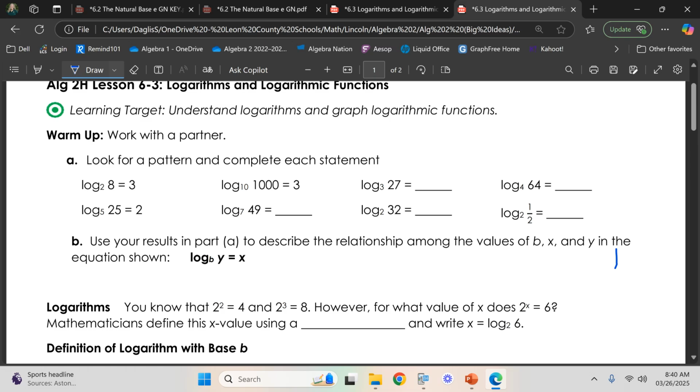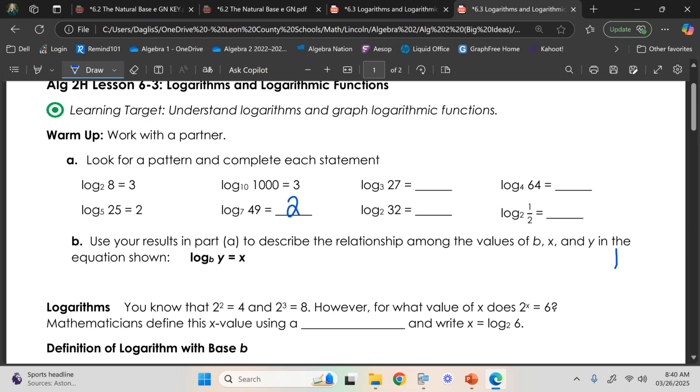First off, with your warm up, I wanted you to see, can you notice a pattern? If log base 2 of 8 equals 3, log base 5 of 25 equals 2, and log base 10 of 1,000 equals 3, could you tell me what is log base 7 of 49? 2. Good.